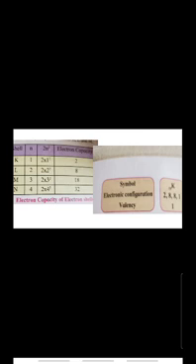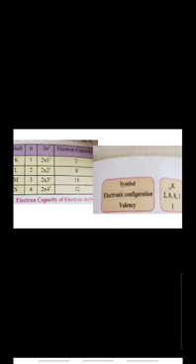For example, if we take the shells K, L, M, N, n is the number of the shell. The formula for filling the electrons in the shell is 2n squared. So in the K shell, we can fill 2 into 1 squared, that is 2 electrons. L can have 2 into 2 squared, that is 2 into 4, which is 8 electrons, and so on.